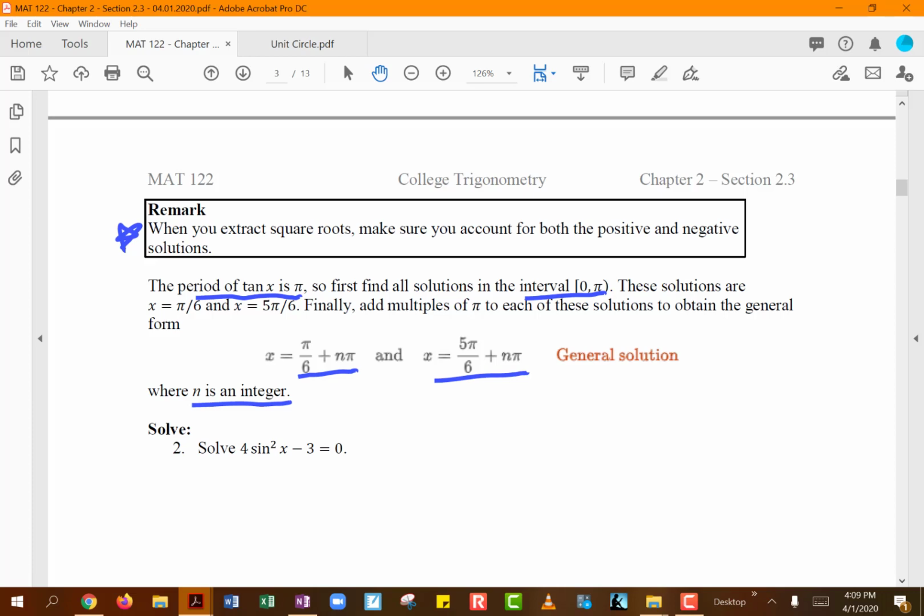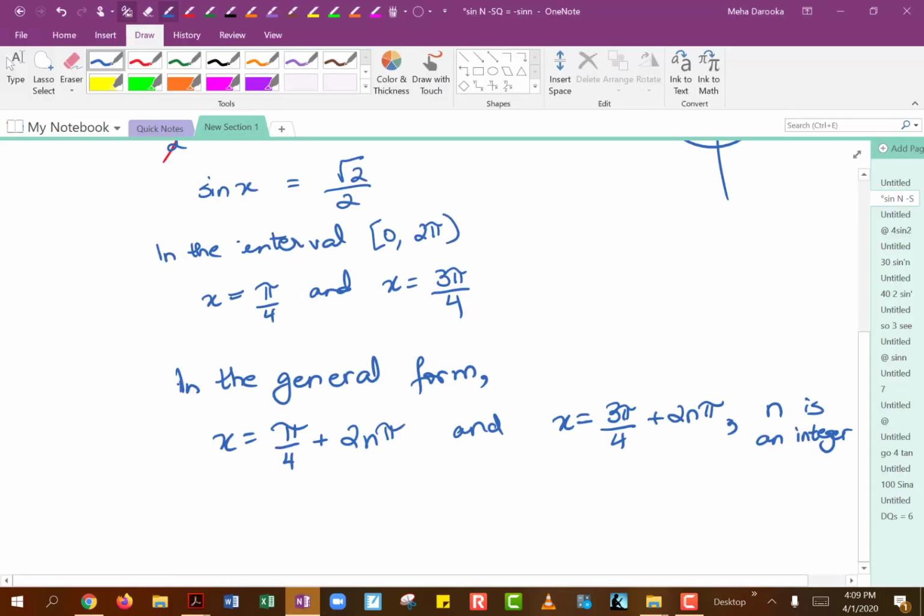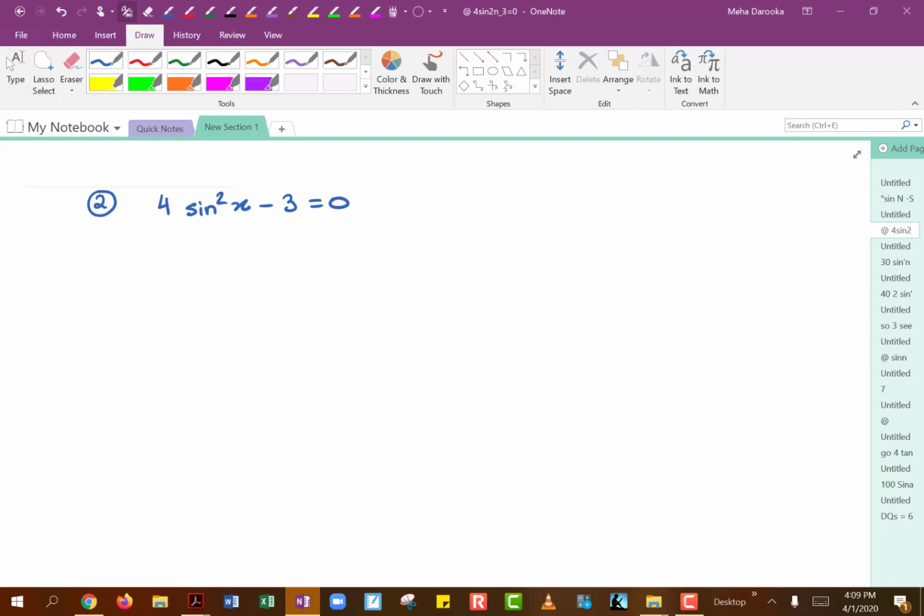Okay, so let's look at our example here. This is 4 times sine squared of x minus 3 equals 0. So let's take a look at this function here. Alright, so again, we need to start by isolating our sine squared function first.